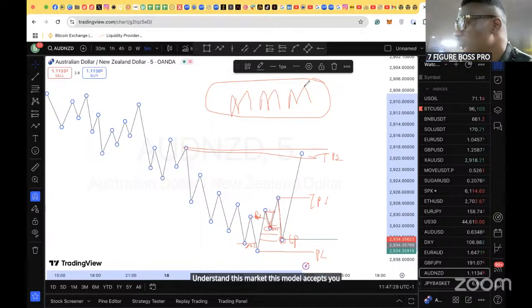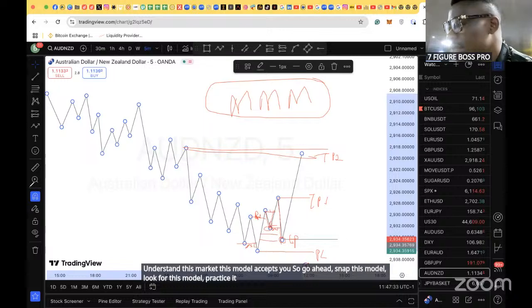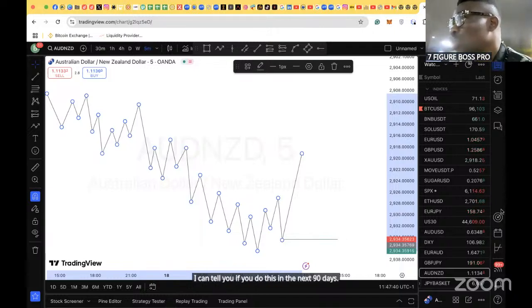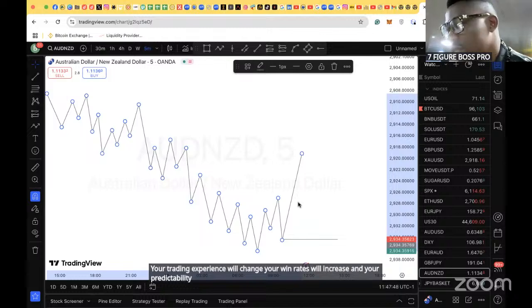So go ahead, snap this model, look for this model, practice it, master it, and trade nothing else. I can tell you, if you do this in the next 90 days, your trading experience will change, your win rates will increase, and your predictability will be more accurate with the charts.